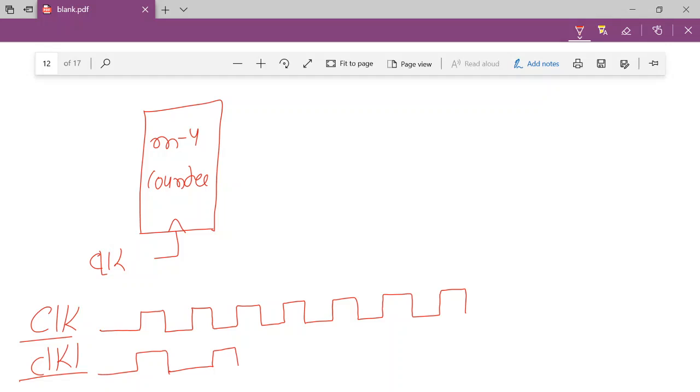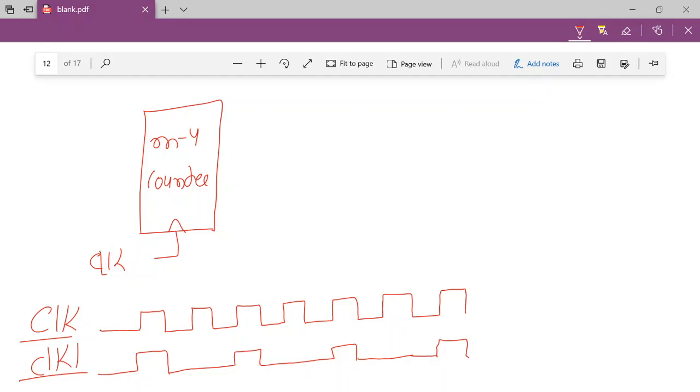Here it will go high, and so on. I want to produce a signal like this. You can analyze that the frequency of this clock signal is now 50% of the previous one. How can we do that?